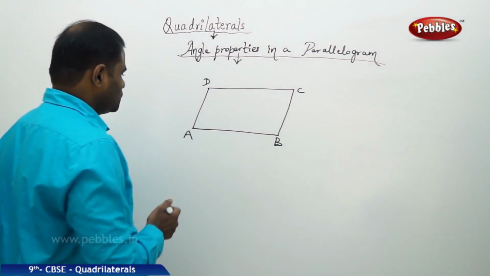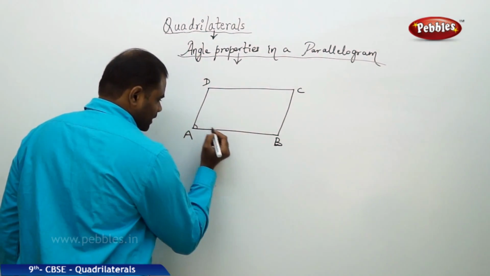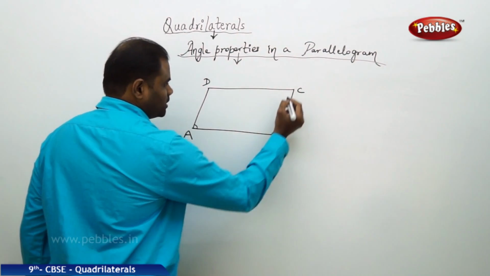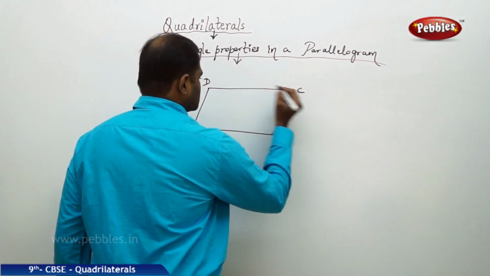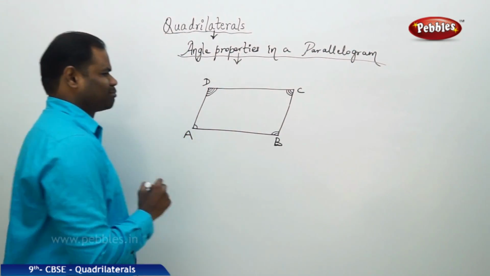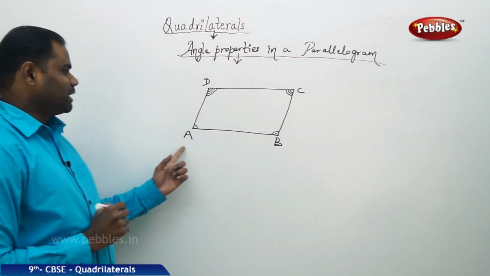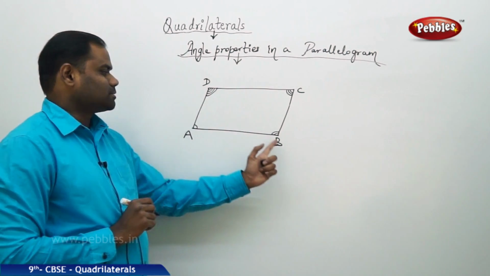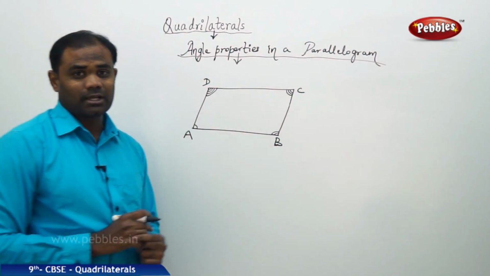Now this is angle A, this is angle B, this is angle C, this is angle D. Now here A and C are called opposite angles, B and D are called opposite angles.